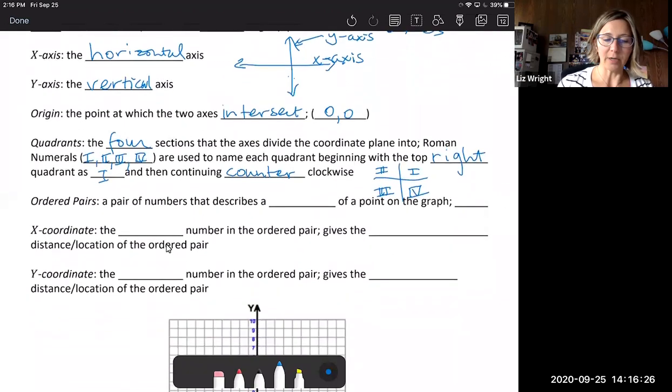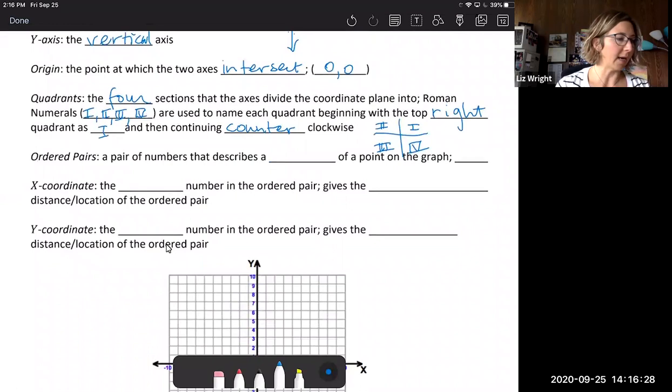Ordered pairs are a pair of numbers that describe the location of a point on the graph. You list your x value first and then your y value. So you're giving your horizontal distance from the origin, and then your vertical distance from your x value.